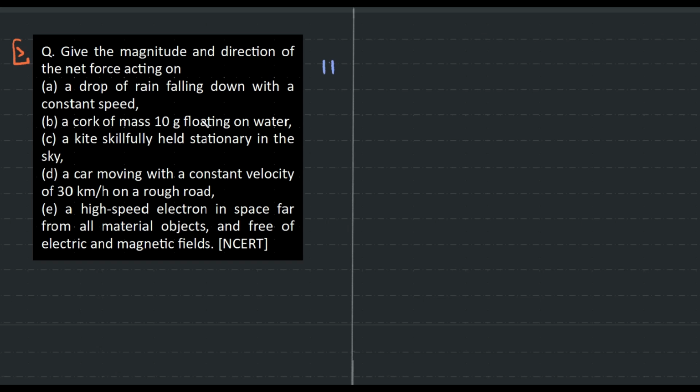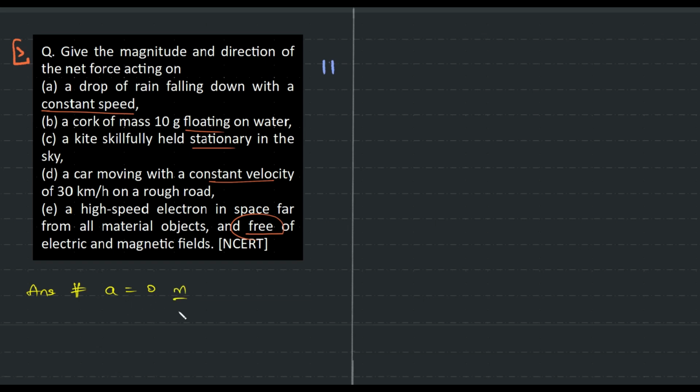A drop of rain falling with a constant speed, a cork floating, a kite stationary, a car with constant velocity, an electron moving in a space free of electric and magnetic fields. Those are the keywords. With all of these keywords, I can give you one answer: the acceleration will be 0, right?